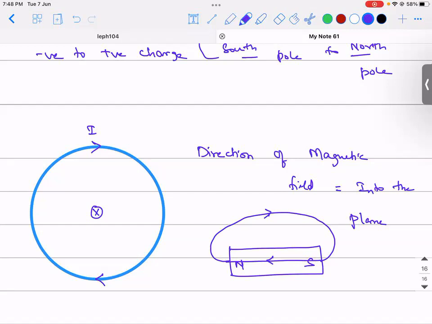Right? So since this coil is receiving the magnetic field, it will behave like a south pole.